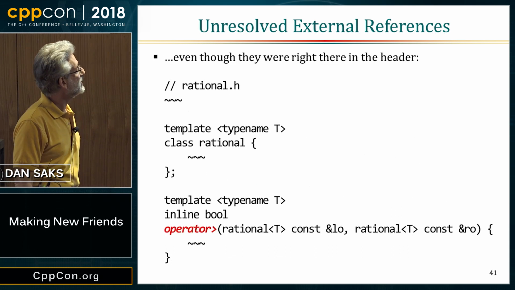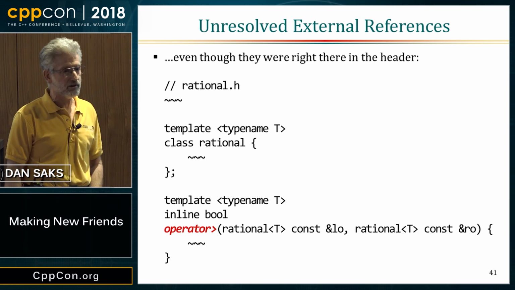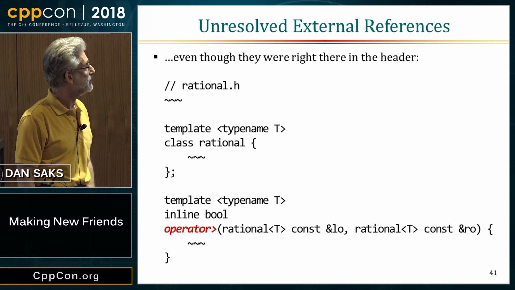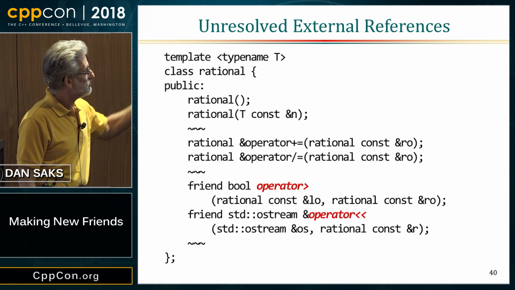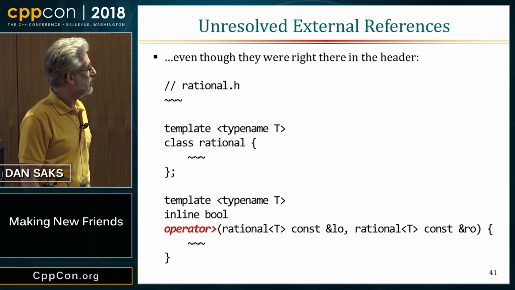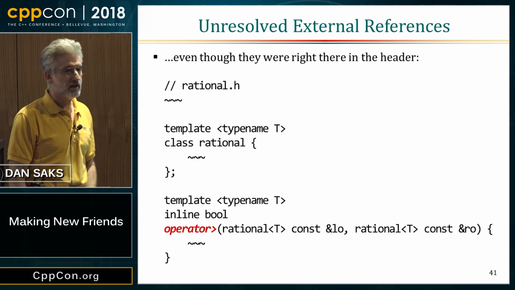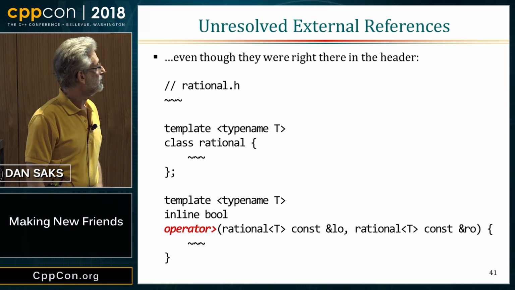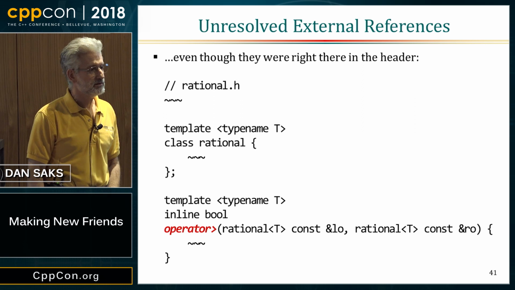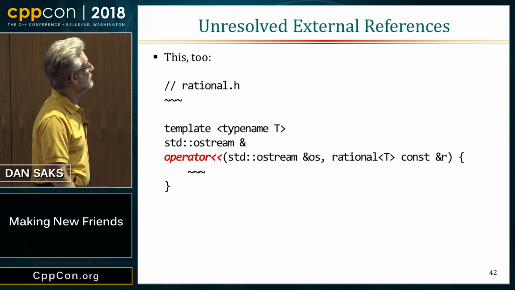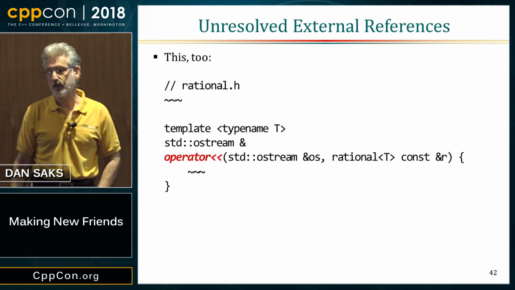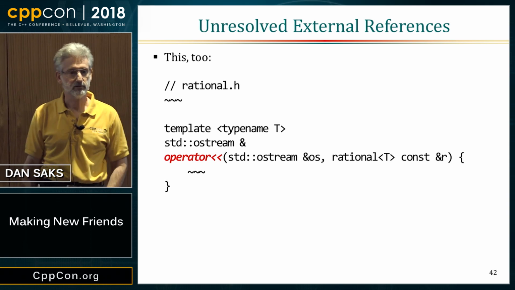And right there in the same header file, right below it, was the template operator greater than that takes 2 rationals of type T. See, that one takes 2 rationals, and this operator greater than takes 2 rationals. What's your problem, linker? It's right there. Same thing with the output operator, getting the same link errors.